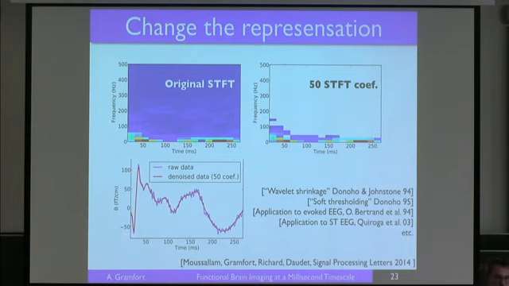And you see that by using just the very strong coefficients in this properly adapted representation, you can denoise and have a very compact representation of your signal. This is extremely common in signal processing, but at least you see what it does on these types of data.